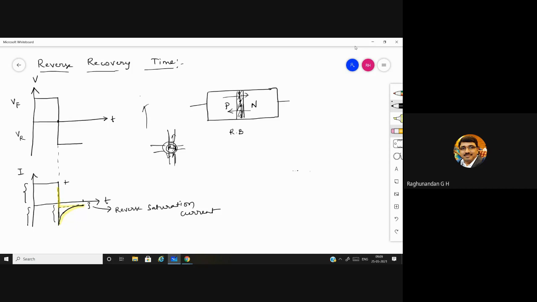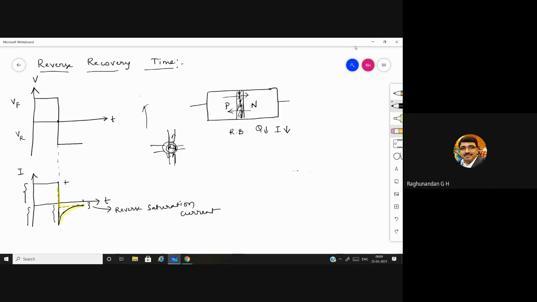Because of those charges, some amount of current will still be flowing. When the charges across the junction start reducing, that means they have already left the junction, then slowly the current is also going to decrease. As the charges decrease, the current will also decrease and they reach the reverse saturation level.